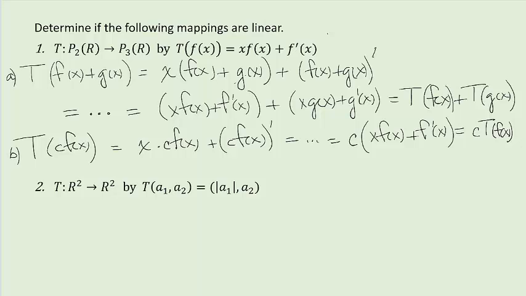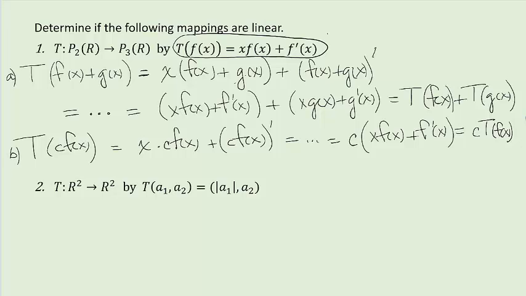So part A, we want to show that T of f plus g is T of f plus T of g. So I put T of f of x plus g of x, and then I write out what it is according to this definition of T. It's x times the function f of x plus g of x plus the derivative of f of x plus g of x.